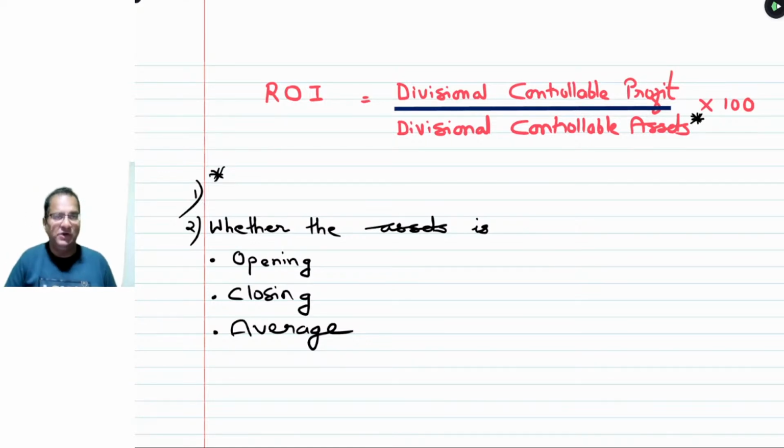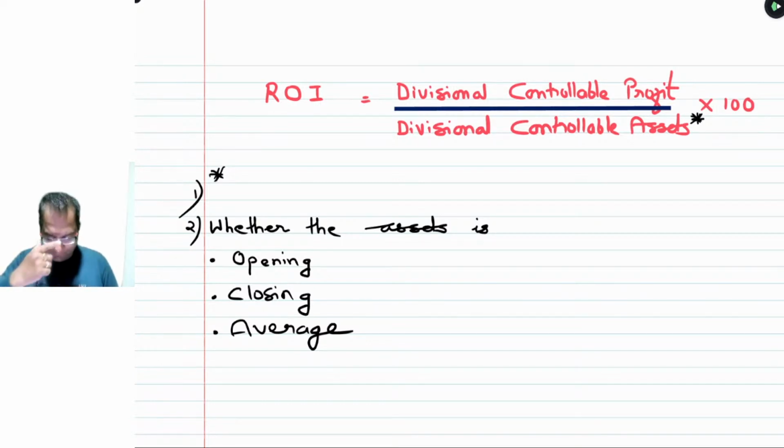The logic is, if a department is utilizing an asset to generate the profit, whether the ownership of that asset is with the department or not, it doesn't matter. If the benefit of the asset is derived by the department, then definitely the asset should be after depreciation charge.